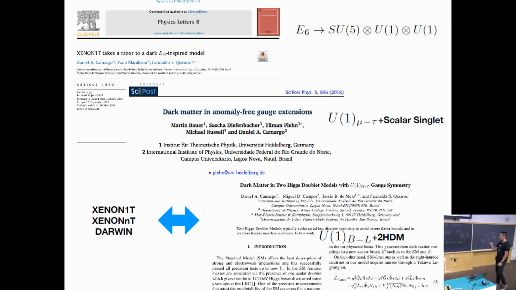For example, in this one we constrain models, in particular the U(1) D minus U symmetry, with the latest XENON one-ton results. In this one, we confront this kind of gauge extension plus a scalar singlet with the latest XENON results and collider searches, even including the LEP searches, the latest constraints, sorry.